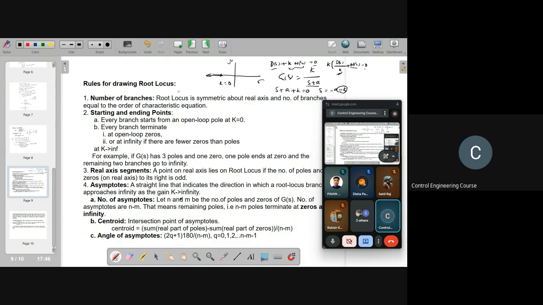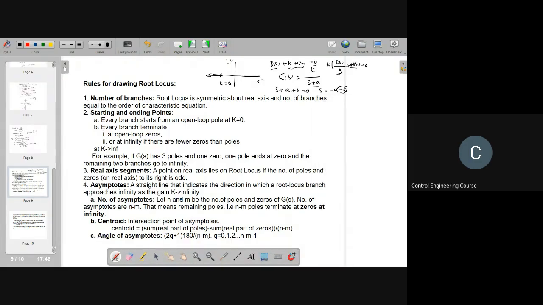Then next is the existence of root locus on the real axis. I will give you one example. The first step for drawing the root locus is to mark the poles and zeros of the open loop transfer function on the S plane.